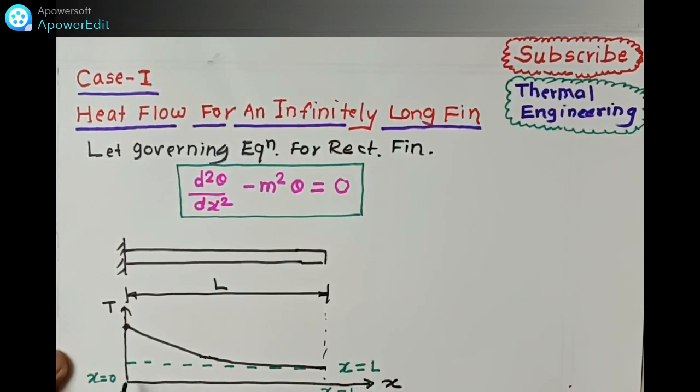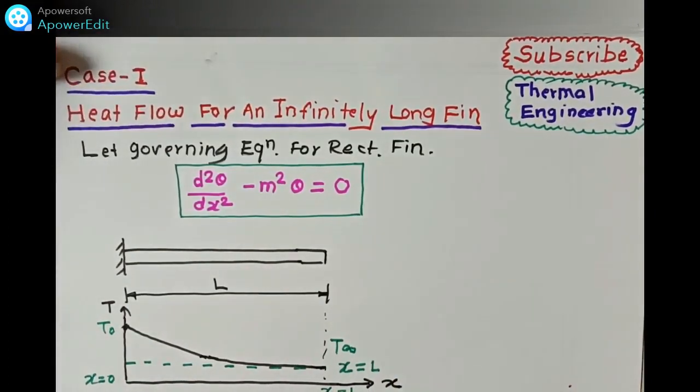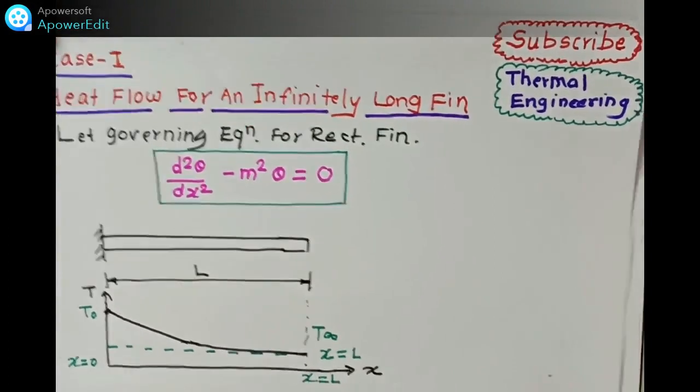At x is equal to 0, the temperature at the base of the fin will be T0, and at x is equal to L, the temperature at the end of the fin will be T infinity. So first of all, we will consider the boundary conditions.